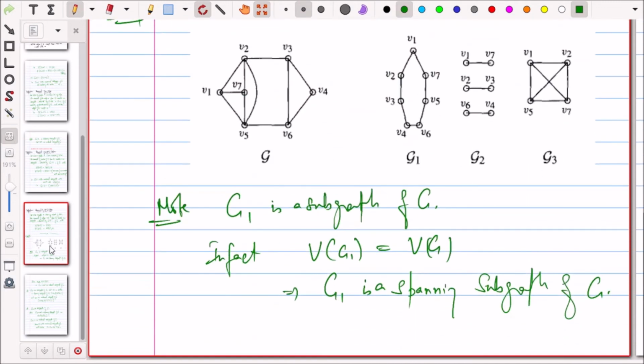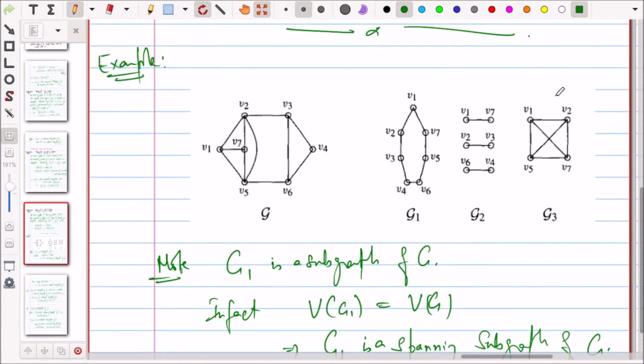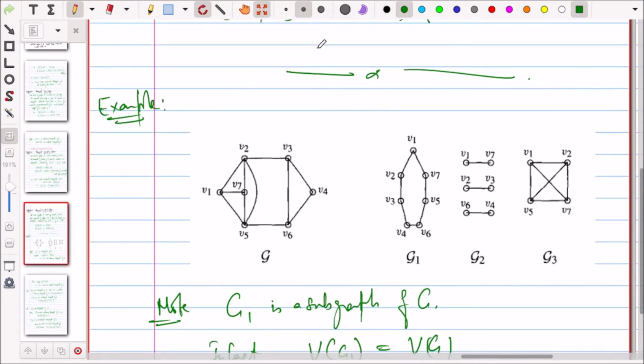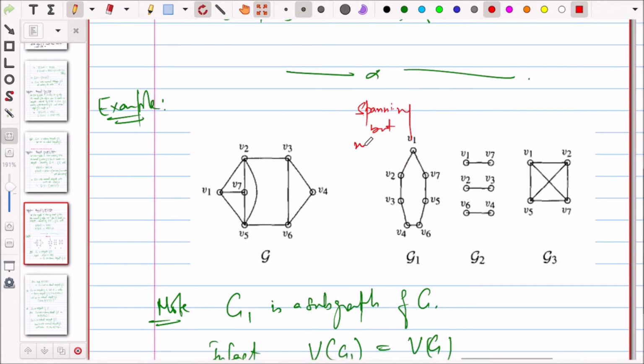So this one is spanning but not induced. This is neither spanning nor induced, and this is induced but not spanning, right? Is it clear? This one is spanning but not induced.